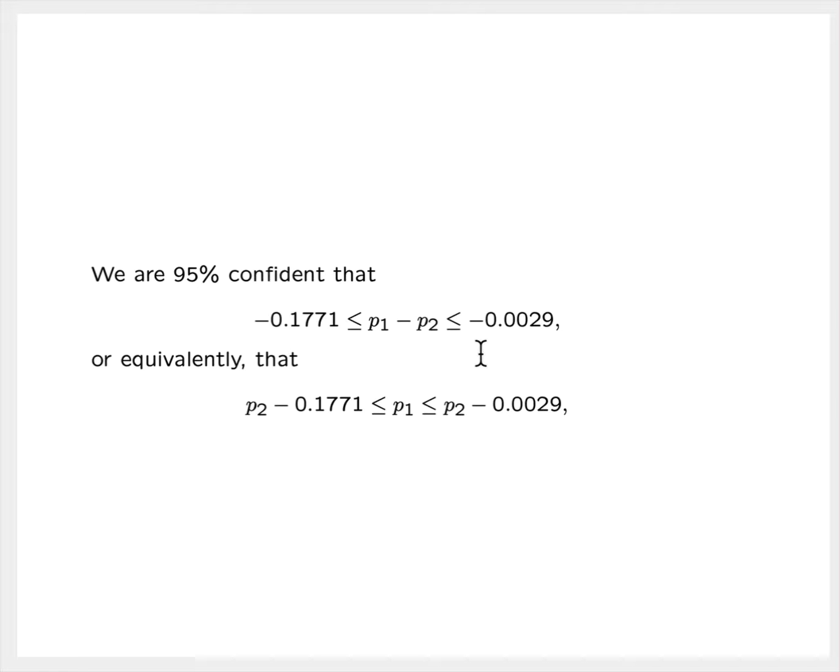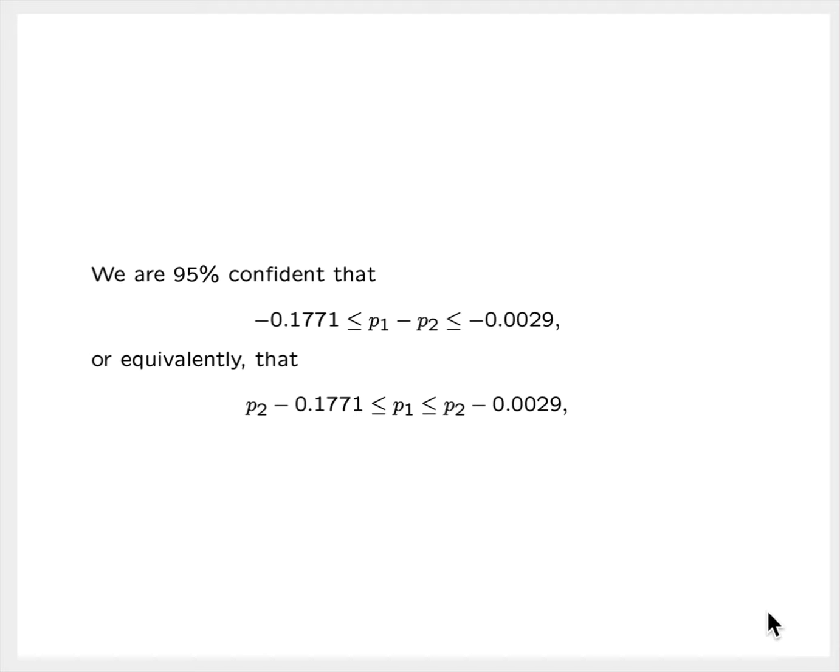0.1771 and negative 0.0029. We could also add P2 to each of these pieces throughout this chain of inequalities. Then we would conclude that at 95% confidence, P1 is between P2 minus 0.1771 and P2 minus 0.0029.